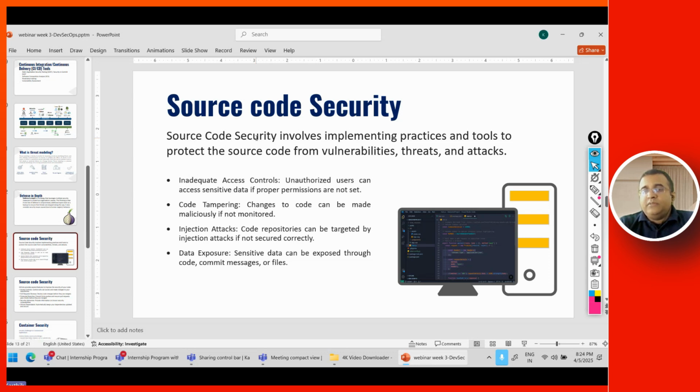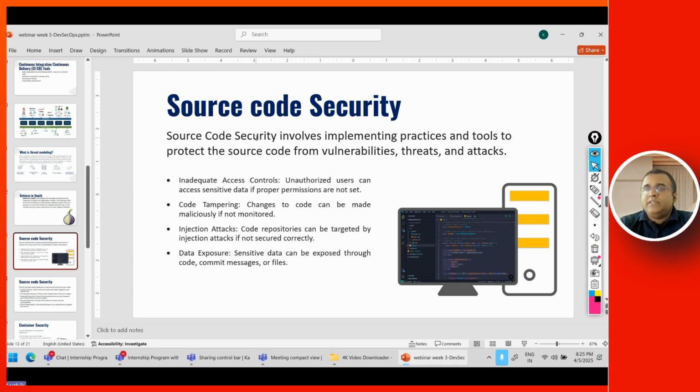Check the code for any injection attack, whether it is there or not, right? Data exposure. Sensitive data can be exposed through code, commit messages and files. Make sure that that information is not present in them. Right? Don't try to add sensitive data into the code.